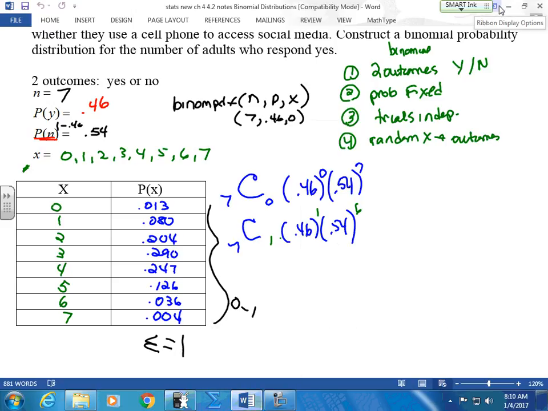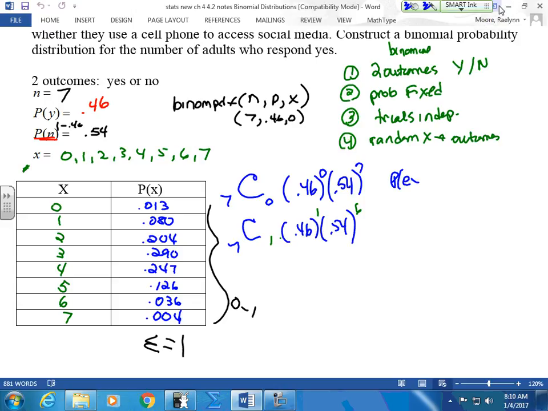Okay. Now the nice part about this is now when we ask for probability, you say, what is the probability that the person at random that I select will say, maybe I'll get at least out of my 7. You could do an exactly, you can do an at least, at most.